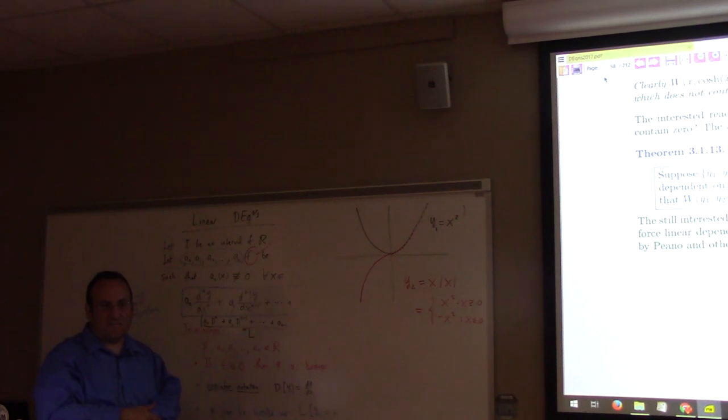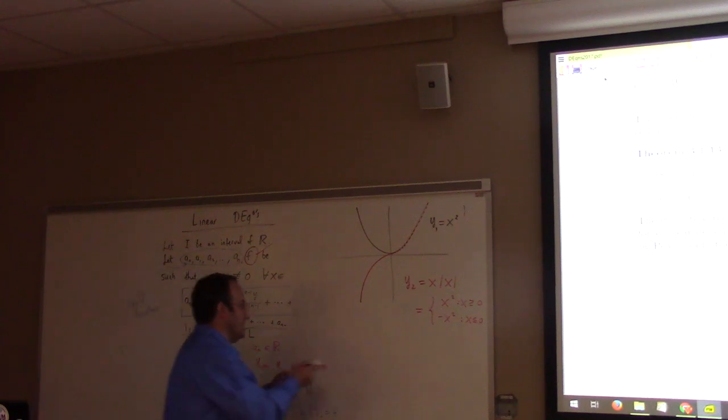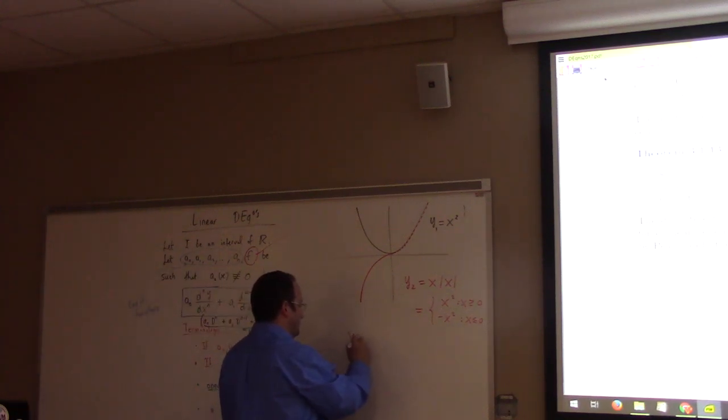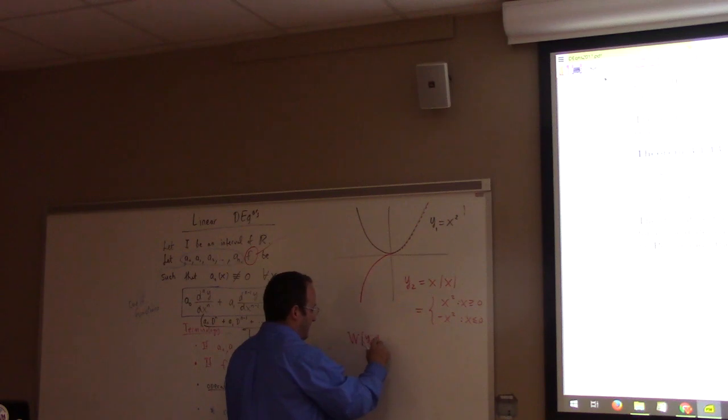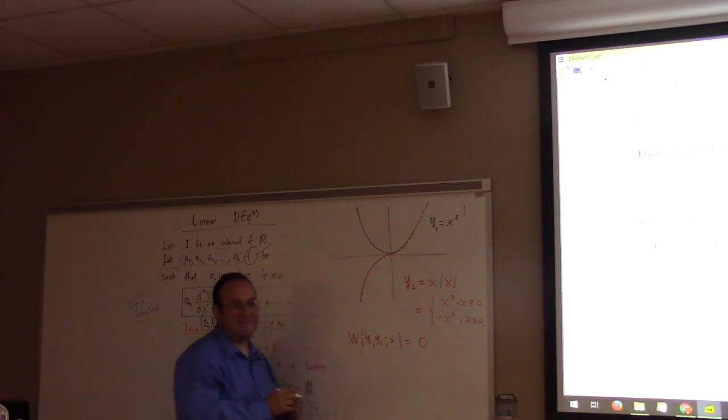You can differentiate x times absolute value of x once, but not twice, because the first derivative gives you twice the absolute value function. And the absolute value function we can't differentiate at 0 because it's got a kink in the graph, right? But you can calculate the Wronskian of these at x, and you're going to get 0.